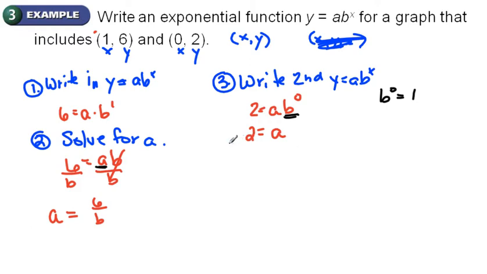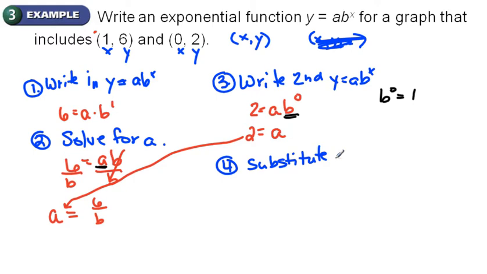We take this 2 and we plug it in over here for a, right? So substitute in the original equation the a value. And I probably could have said that a little bit better, but that's okay. Okay, so we have 2 equals 6 over b.